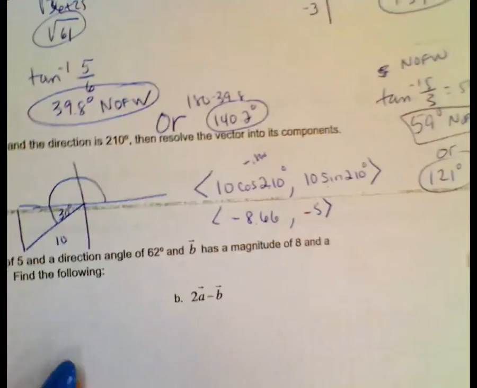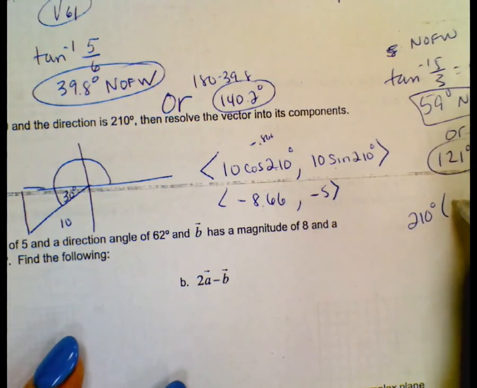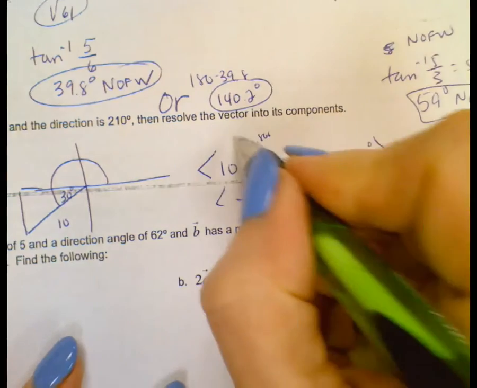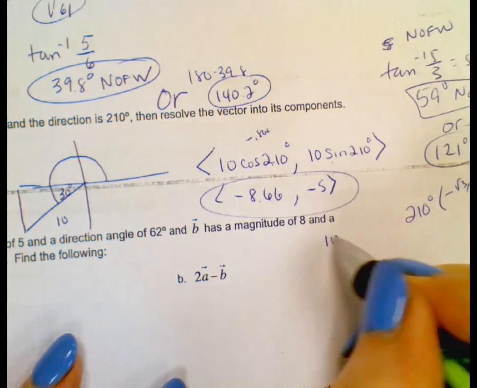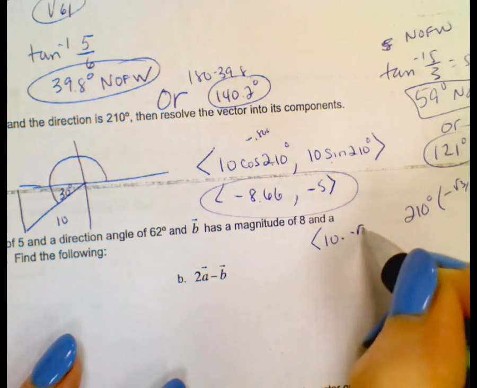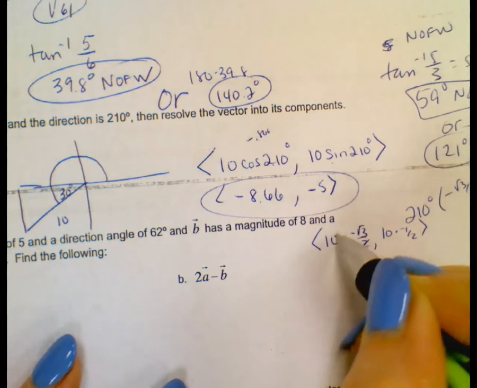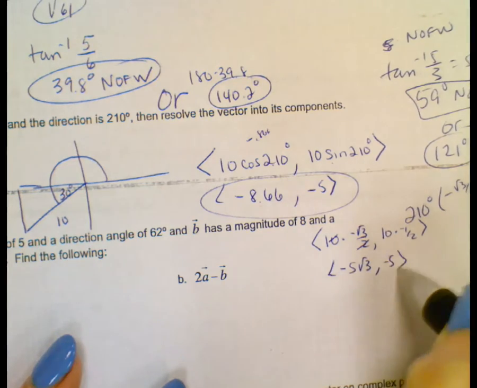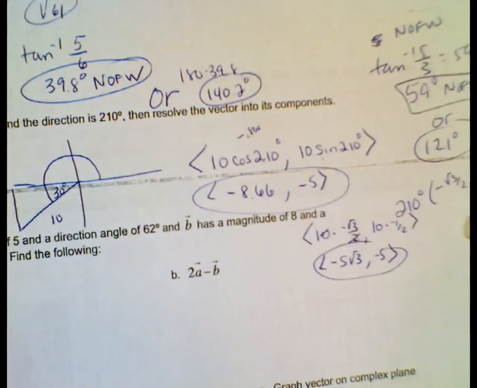If I wanted an exact answer, since 210 on the unit circle is negative radical 3 over 2 and negative 1/2, you could say 10 times negative radical 3 over 2, and then 10 times negative 1/2. So the 2 goes into 10 5 times, so this would be negative 5 radical 3 and negative 5 if I wanted exact numbers. You should be able to do that because of your unit circle knowledge. But I'll accept this on the test.